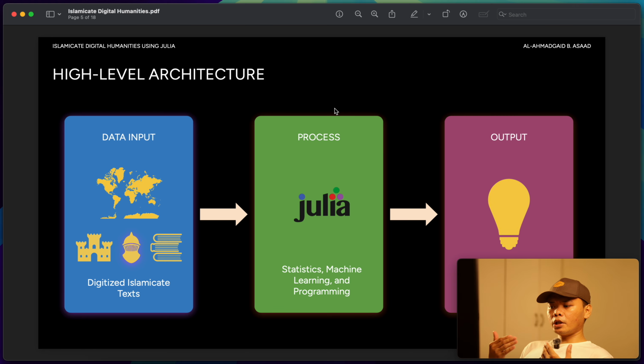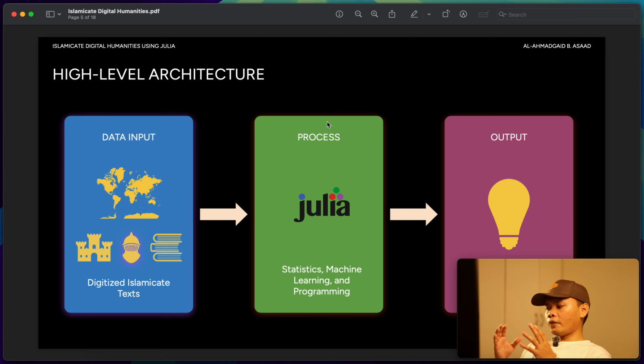We're going to communicate with the computer. We're going to create instructions. We're going to apply some techniques from the field of statistics and machine learning, and create these instructions using the Julia programming language that we can then run on the computer, so that the computer can do the necessary work to process the digitized Islamic text.